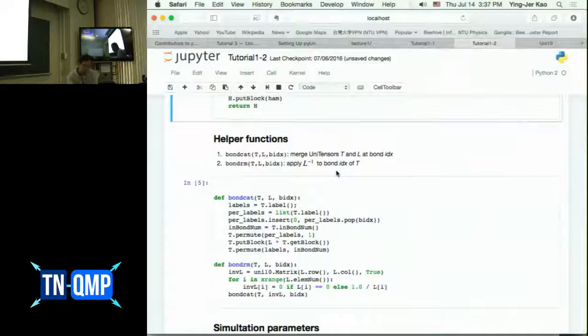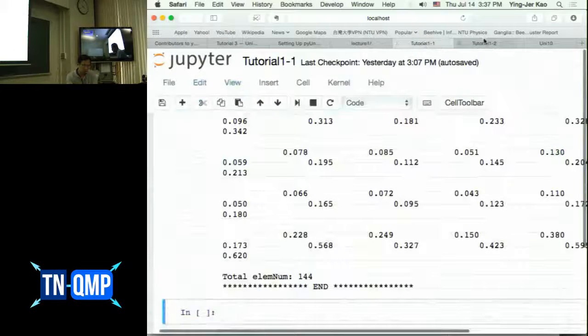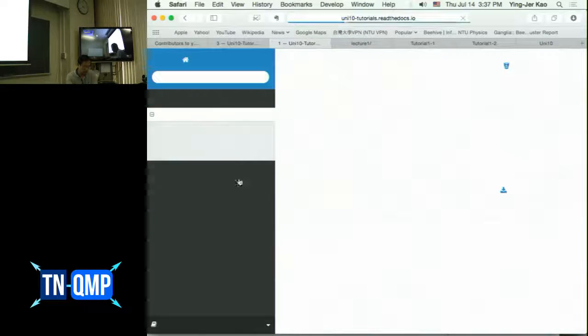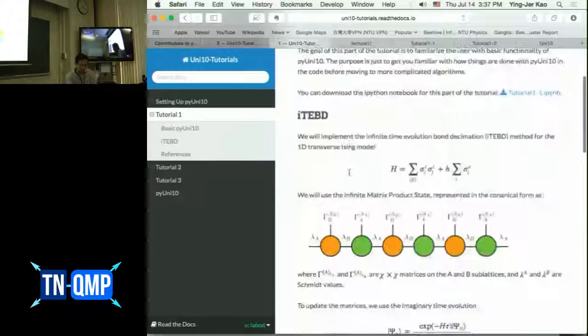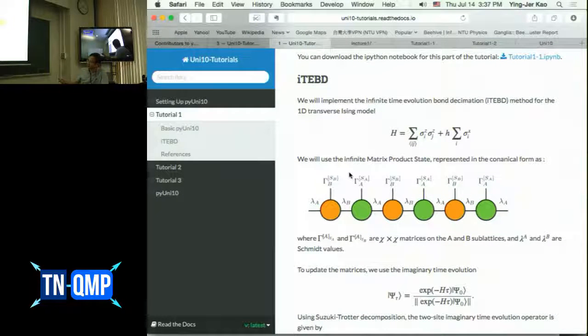Okay. Maybe I should go back to the tutorial. I should do this first. The idea is that we want to update a matrix product state, an infinite matrix product state. I have this Hamiltonian.